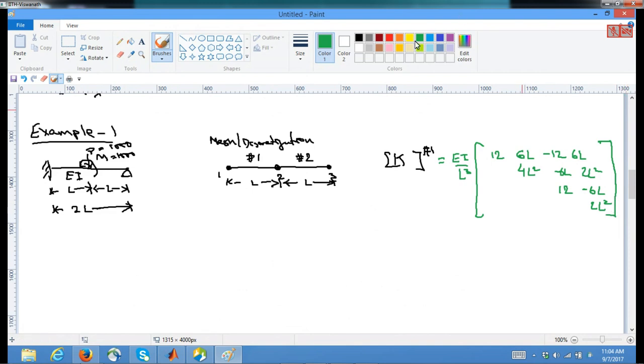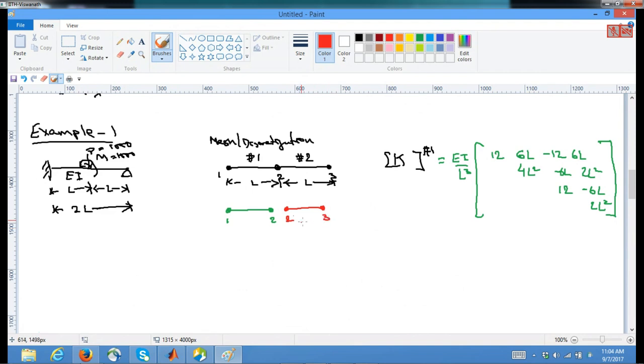With these having the degrees of freedom such that, anyway, let me separate the beams and write it. This was the first beam, which is node 1 and node 2. The second beam element is nodes 2 and 3.